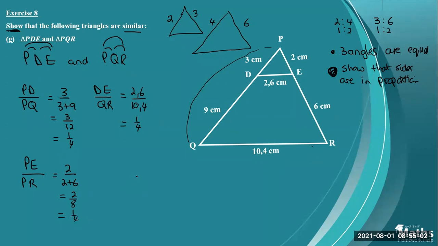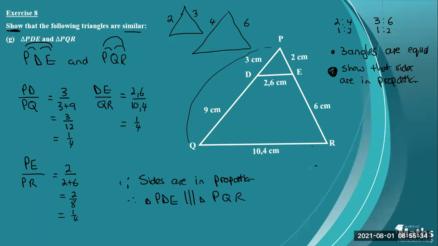So what do we see? All these ratios are equal. So therefore, the sides are in proportion, and therefore triangle PDE will be similar to triangle PQR.